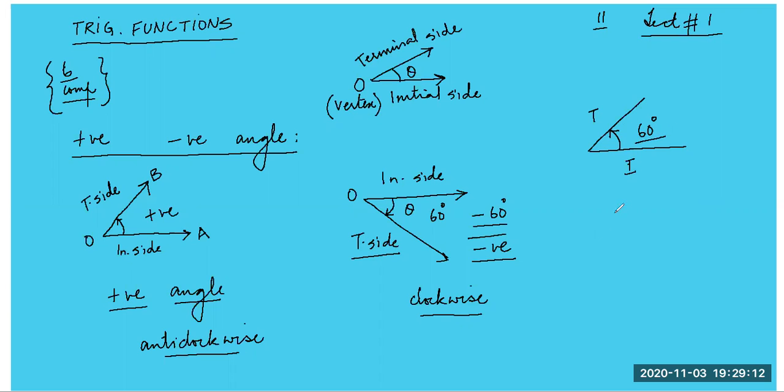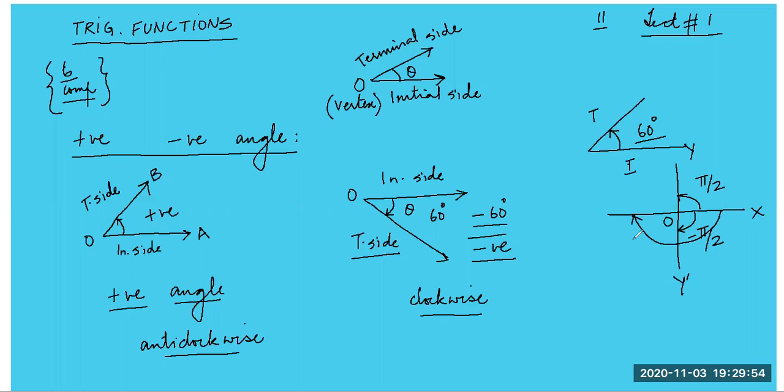Very, very important. So guys, now if this is your x-axis and this is your y-axis, so obviously, if I take this as a reference line or initial line and this as a terminal line, I'll say this angle would be pi by 2, right? Or simply 90 degree. But if I take this OX as the initial side and this as the terminal side, OY dash, I'll say this angle is minus pi by 2. Similarly, students, if I take this angle from here, what it will be, Ishma?